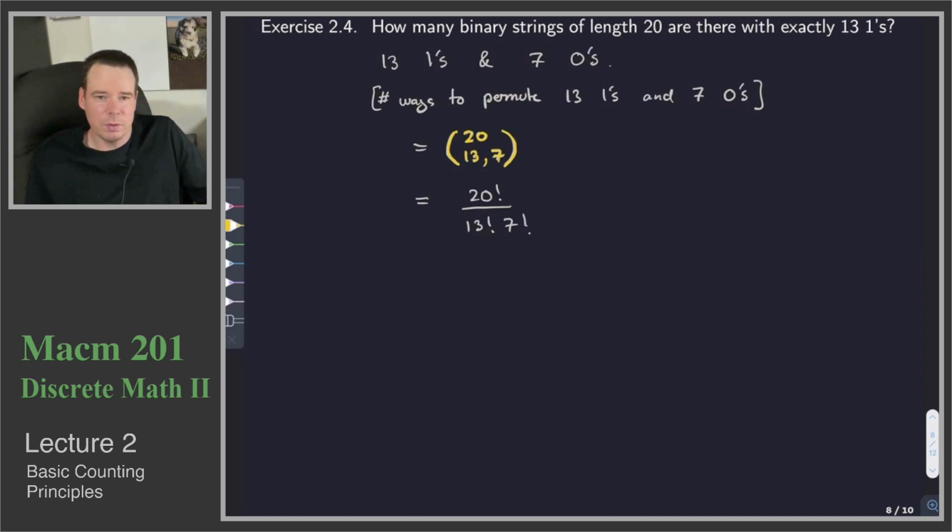It's a very powerful notation to represent the number of objects that we're trying to count. And our previous theorem tells us exactly how we can evaluate this symbol. It's 20 factorial over 13 factorial, 7 factorial.